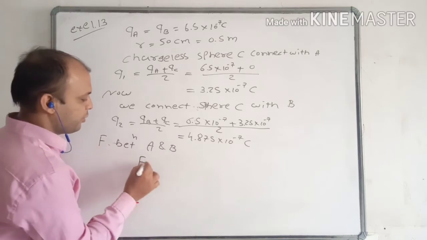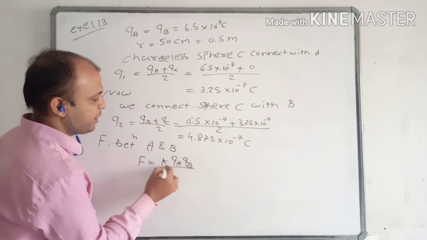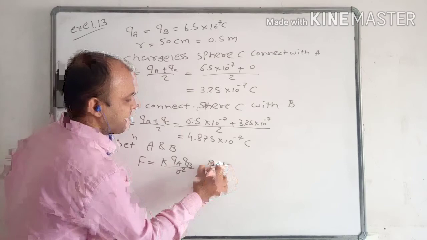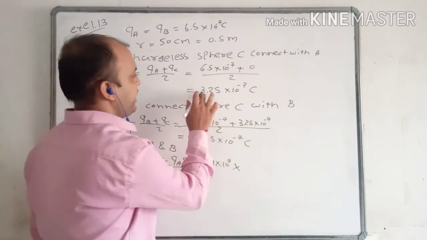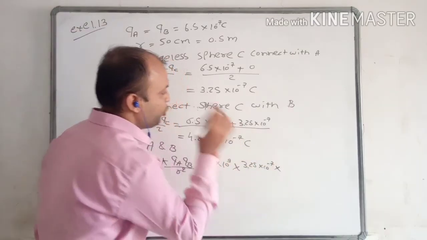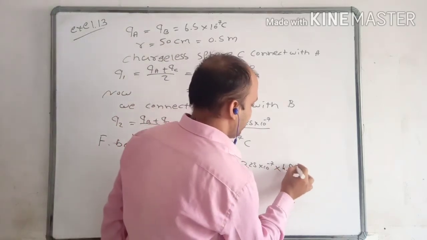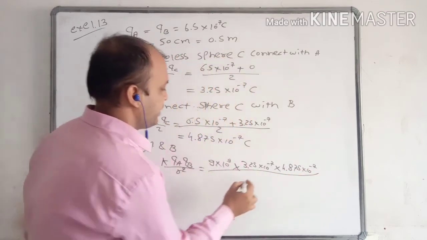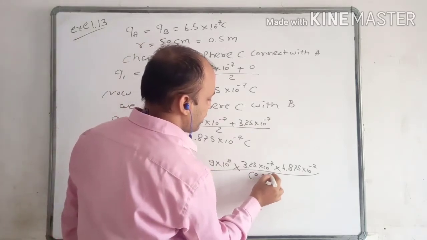So force will be K QA QB upon R square. So K, but now QA is 3.25 into 10 raised to minus 7, into QB, which is now 4.875 into 10 raised to minus 7, divided by the distance between them, 0.5 meters, so 0.5 square.